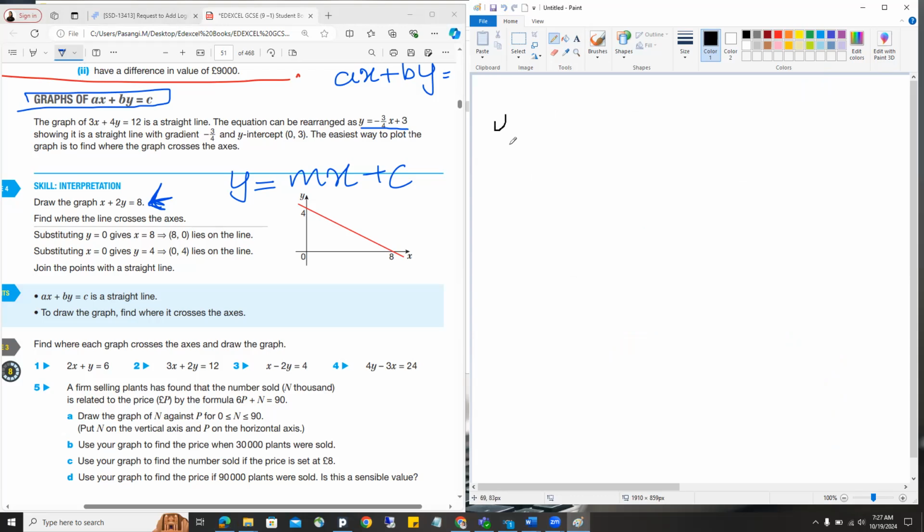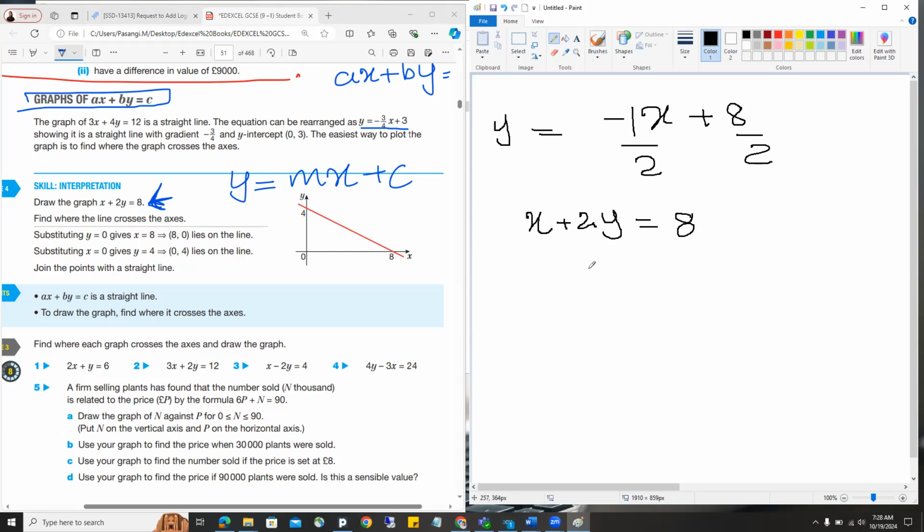Wait, no, this is the equation: x plus 2y equals 8. So then how does it happen? x plus 2y equals 8.